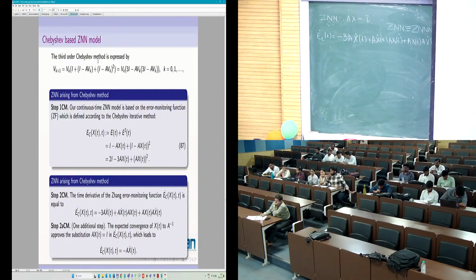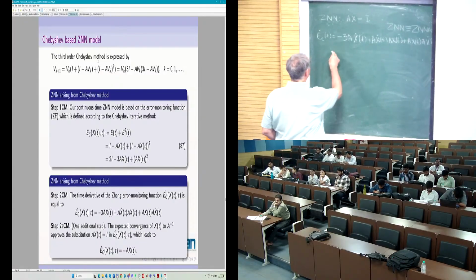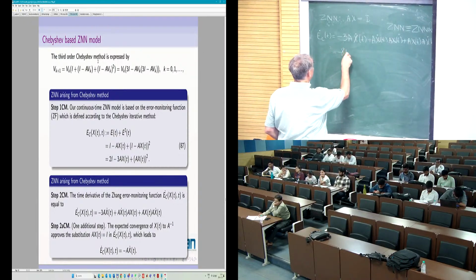Looks not simple. And the true Newton method will assume it is equal to minus gamma E_C of t.